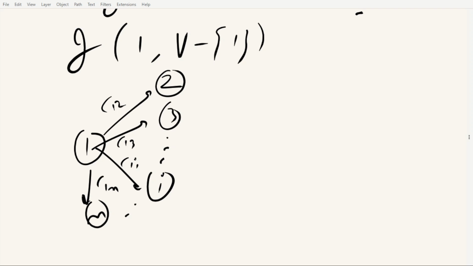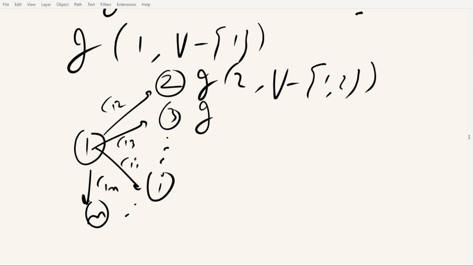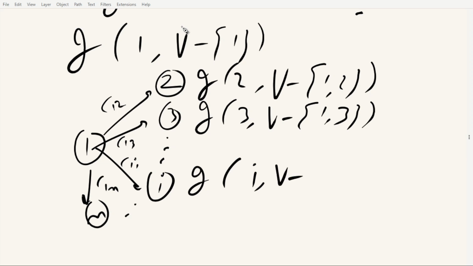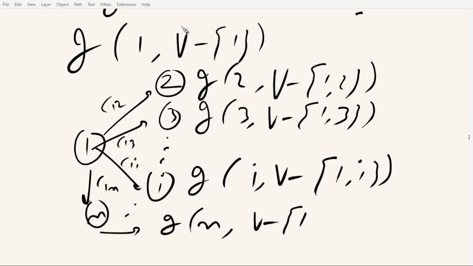It is precisely g(2, V minus {1, 2}). Similarly for 3 it will be g(3, V minus {1, 3}), in general for i it will be g(i, V minus {1, i}), and for n it will be g(n, V minus {1, n}).